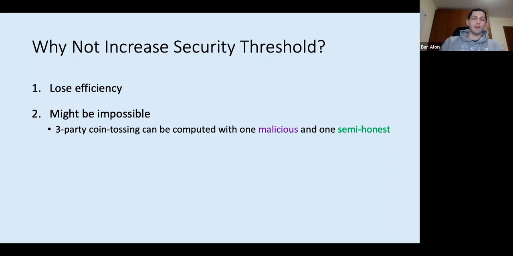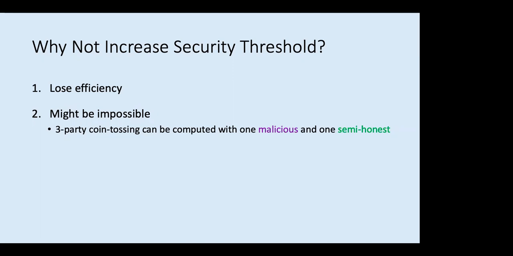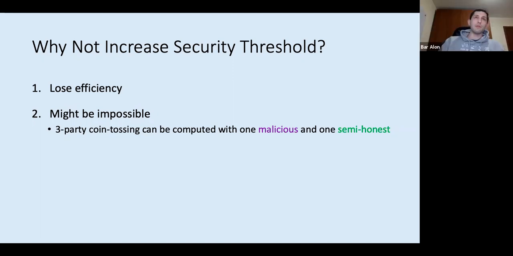Semi-honest is a party that just follows the protocol but wants to learn more information. This functionality can be computed in the setting that we want, one malicious and one semi-honest, but it cannot be computed against two malicious. So if we simply increase the security threshold to dealing with two malicious parties, it suddenly becomes impossible.